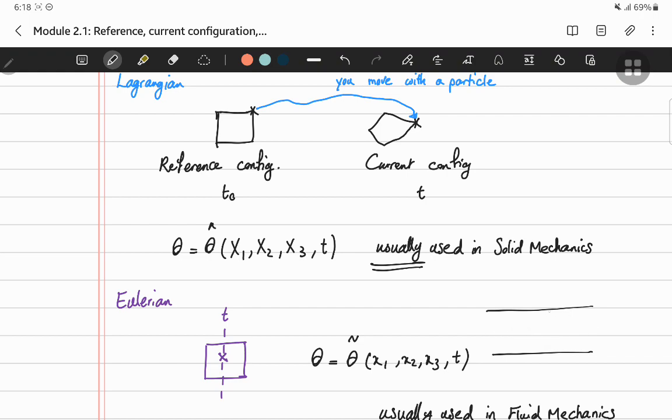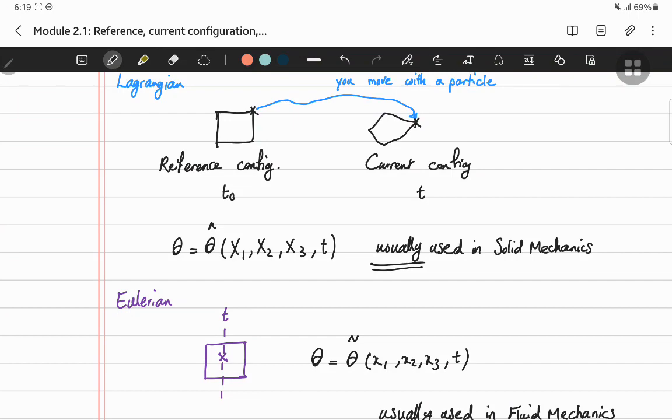But if you, for example, define a boundary here, a cross-section here, so at time equal to, for example, t, you know that all the particles have this temperature, or the temperature gradient is like this, for example, or some other kind of pattern. This is much easier in fluid mechanics. That's why we use the Eulerian point of view. All right.